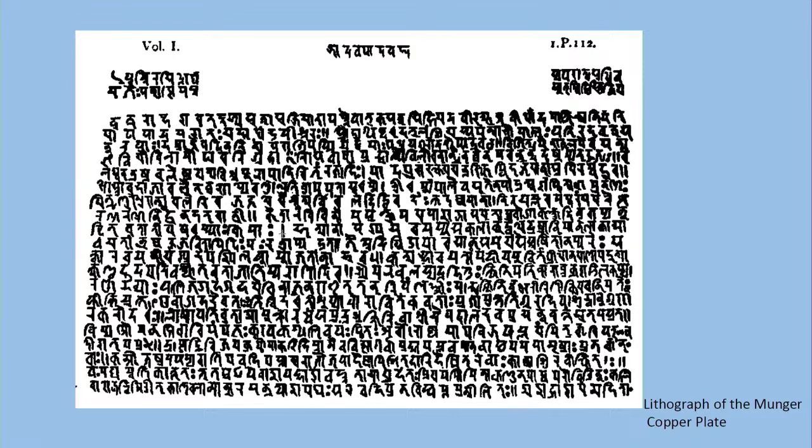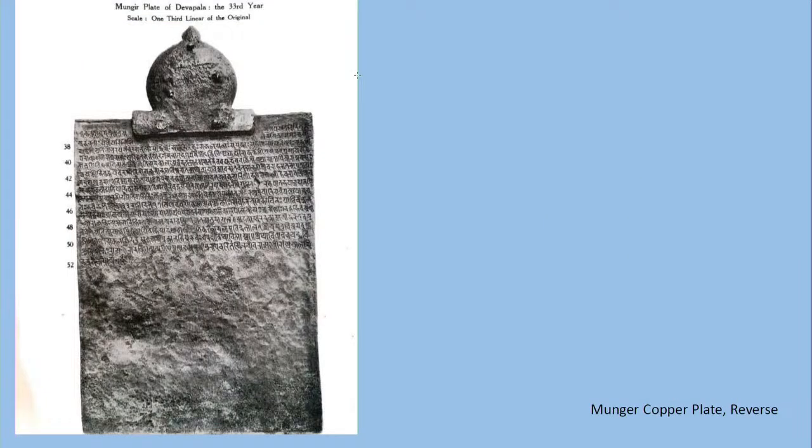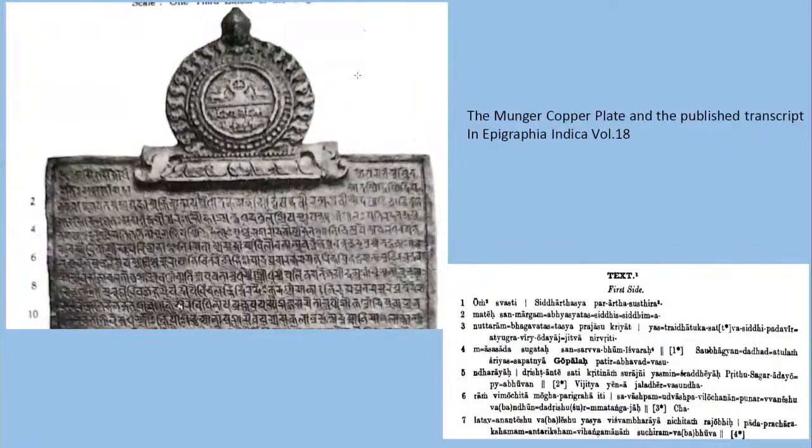But in these lithographs, all the letters did not come out correctly. As you can see, this is the seal. This is the seal, and it is written here, Sri, since this copper plate belongs to Devapala, Sri Devapala Devasya.